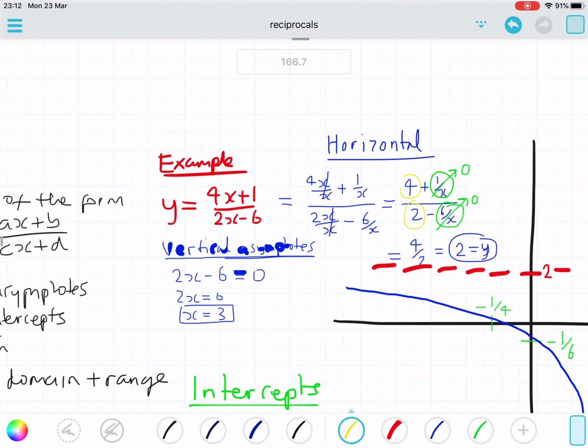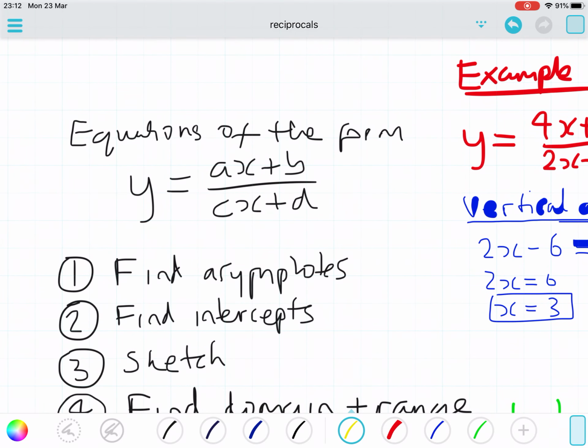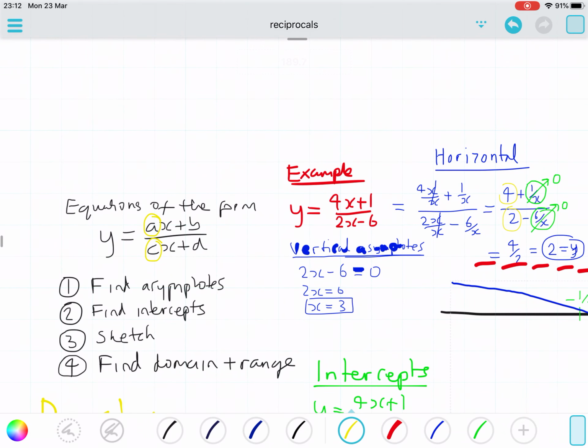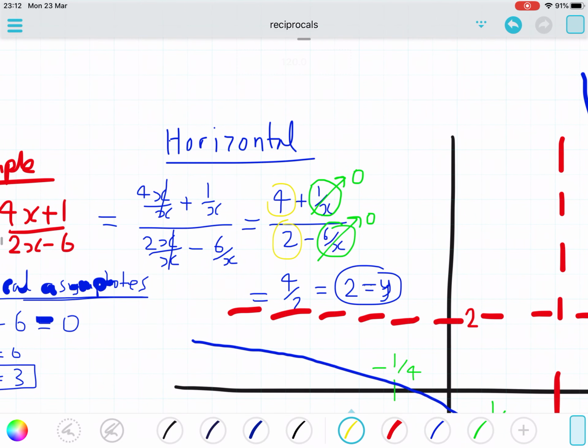Now, if it was in the general form, ax plus b over cx plus d, it would have been the a divided by the c, wouldn't it? If you think about it. So the asymptote in general is given as a divided by c. So in general, a over c.